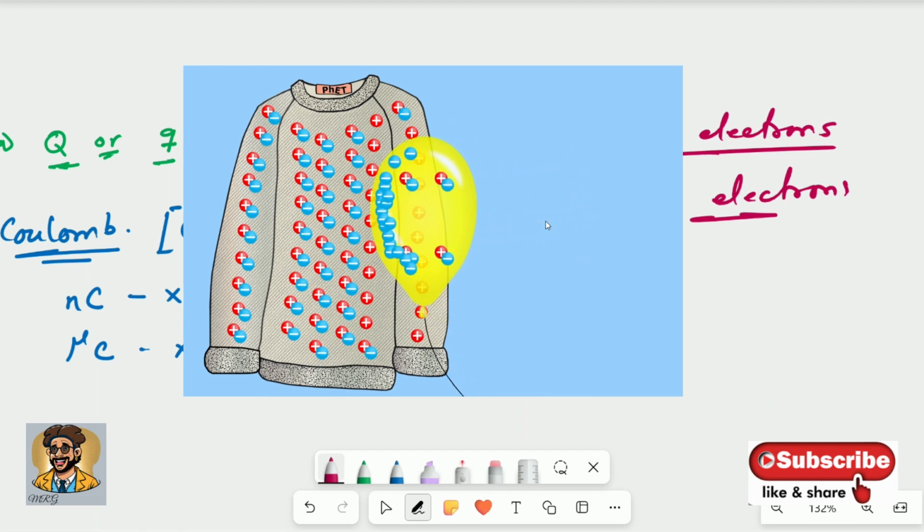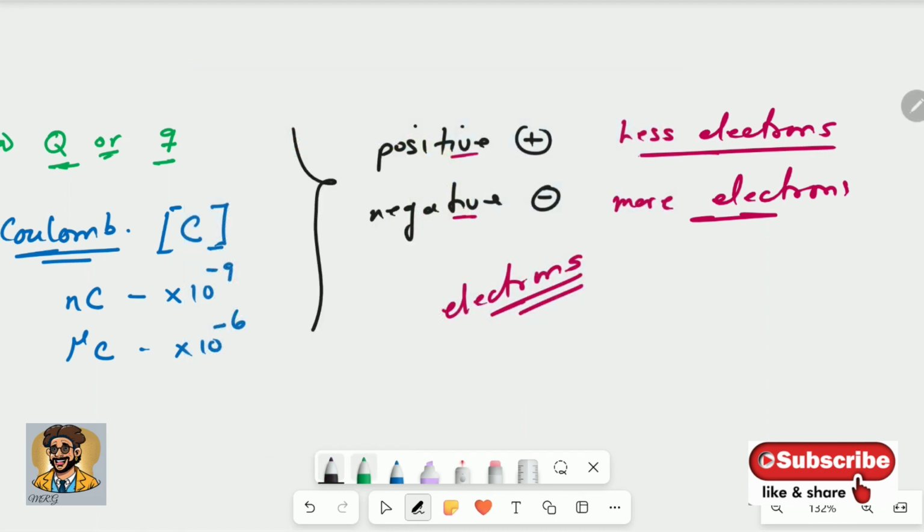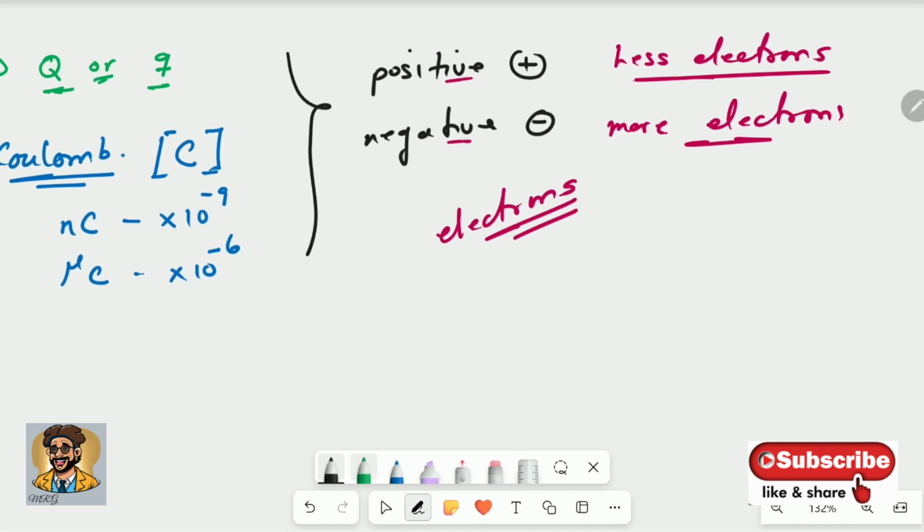So let's say, for instance, we have two spheres, because most of the work we're going to be doing here is with spheres. We have one sphere, and that sphere has a charge, hypothetically speaking. The charge of that sphere A is going to be equal to negative 5 coulombs.